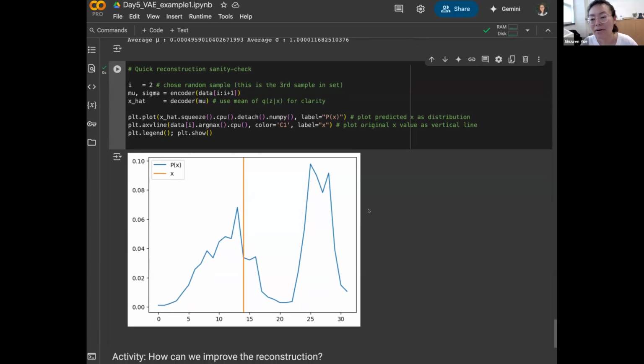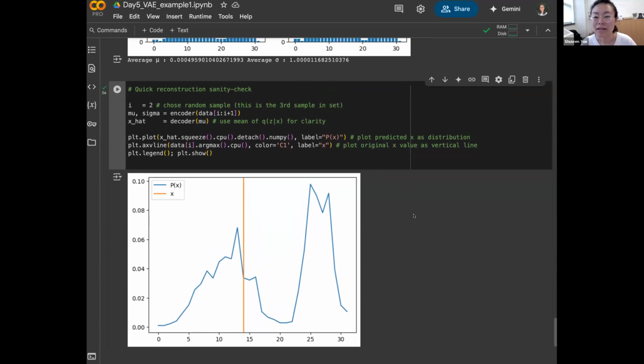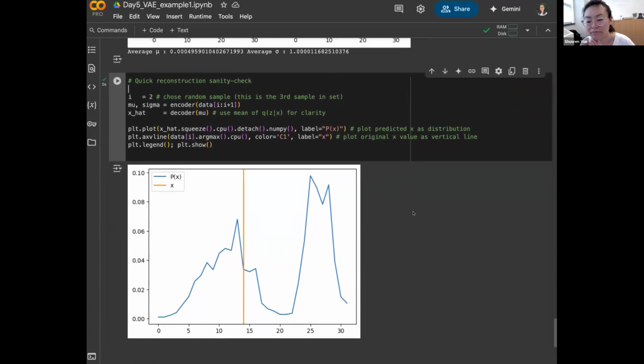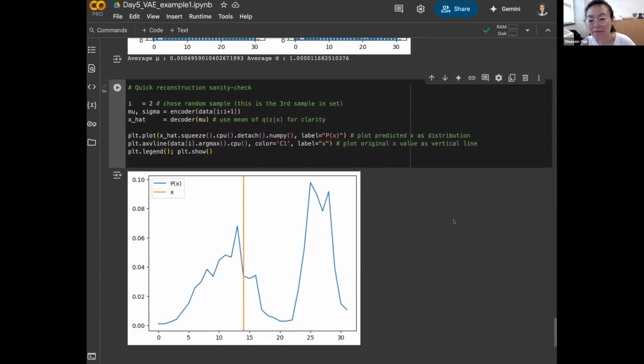So now we can think about all the things that we have control over in this variation. This is the end of this first example notebook. But maybe for y'all to take a few minutes to think about what we can do to make this situation better. Think about the variables you have control over: the latent space, that beta value of what the KL loss and reconstruction loss is.